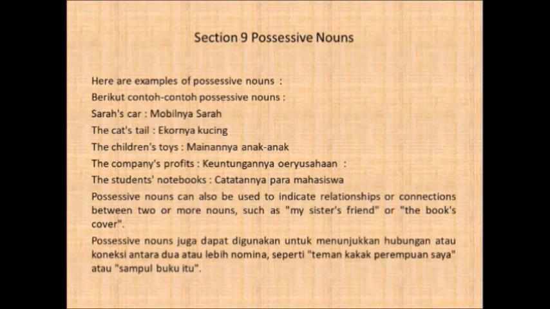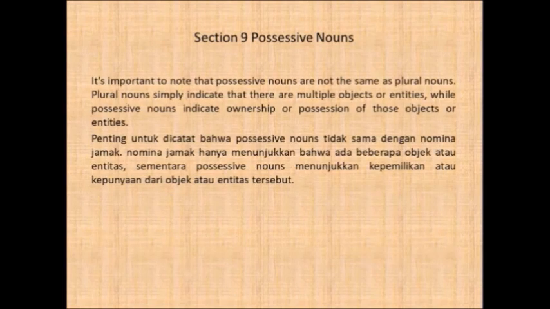Possessive nouns can also be used to indicate relationships or connections between two or more nouns, such as my sister's friend or the book's cover. It's important to note that possessive nouns are not the same as plural nouns. Plural nouns simply indicate that there are multiple objects or entities, while possessive nouns indicate ownership or possession of those objects or entities.